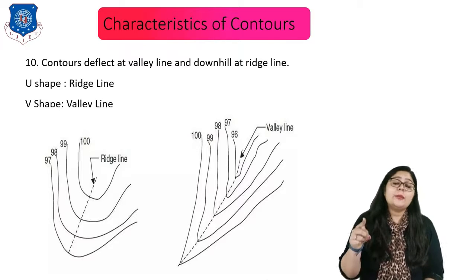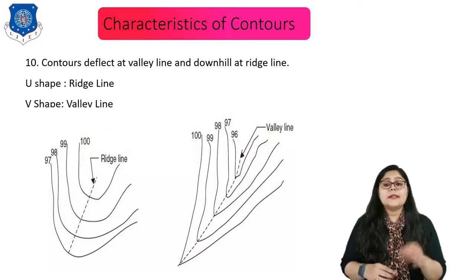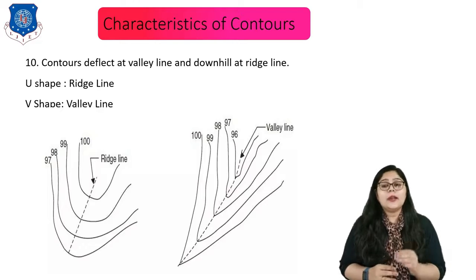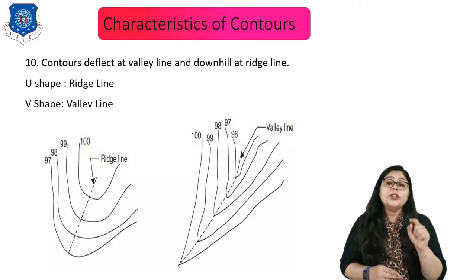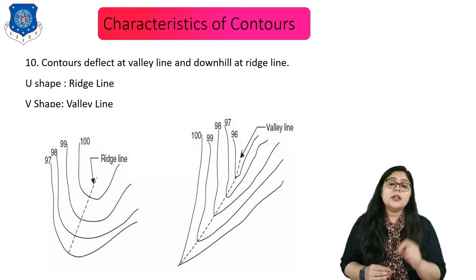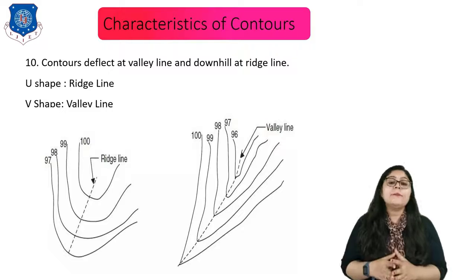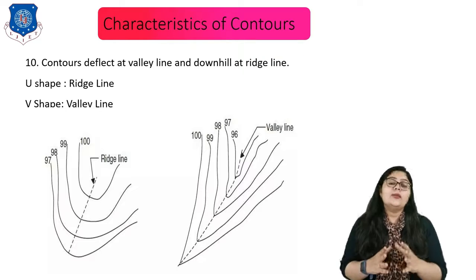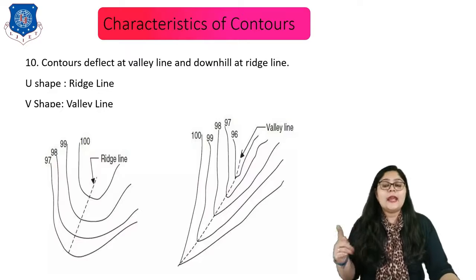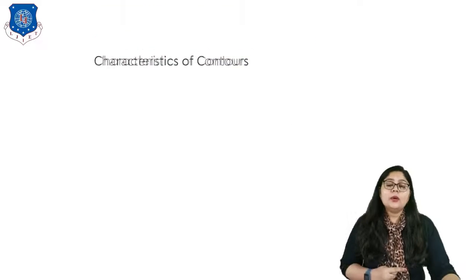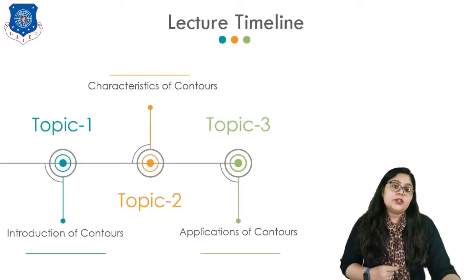In the ridge line portion in figure 1, the center value is 100 and it is decreasing outward, which means it is a hilly area. For the valley line, the center value is the lower one and the outer value is the higher one, which means a valley area. So this is the indication for ridge line and valley line having a specific shape. Now this is all about the classification of contours.